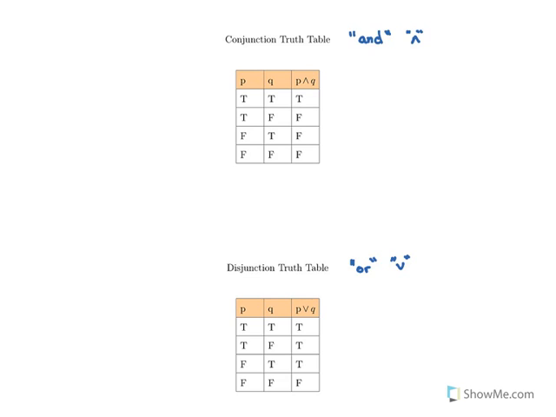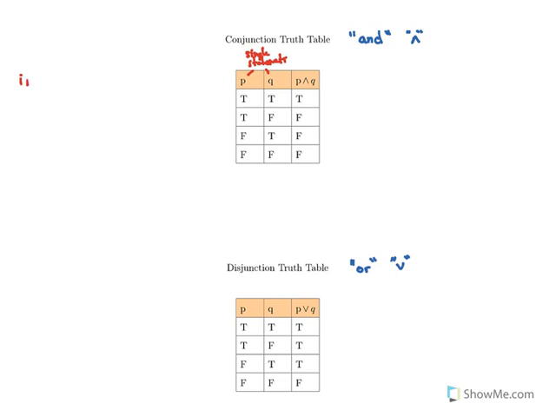So because the conjunction and disjunction look at two different simple statements at the same time, remember P and Q here are our simple statements. We're going to look at all possibilities of these simple statements being true or false. And there are 4 in this case. You could have both be true, both be false, or one be true and the other false in both ways.